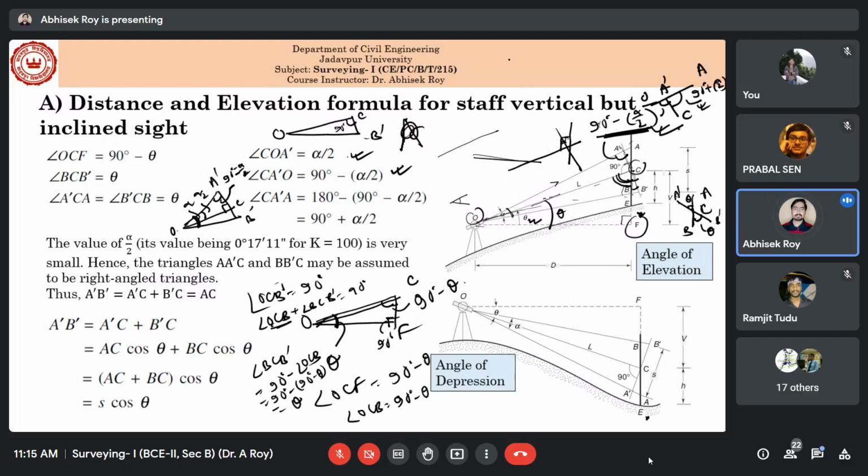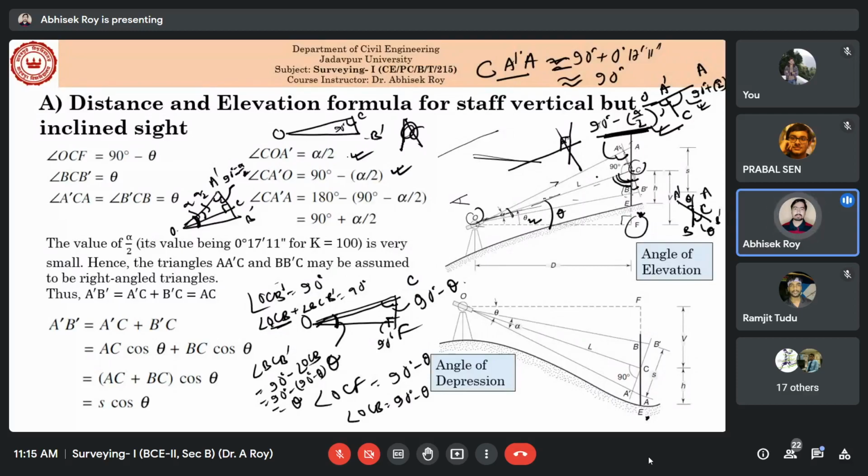That's why the angle CA dashed A, although it is 90 degree plus 17 minutes 11 seconds, we are not considering that value, we are approximately considering that as 90 degree. Okay. So we are considering that angle also as 90 degree.